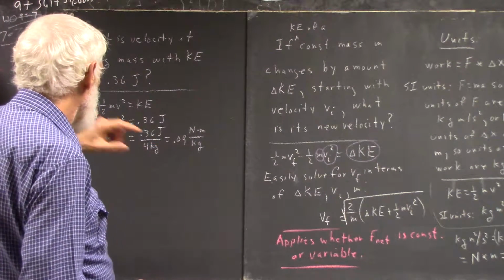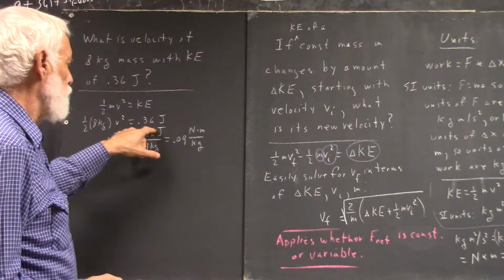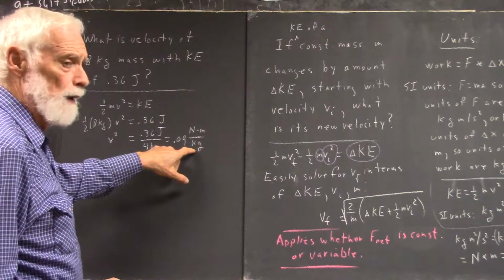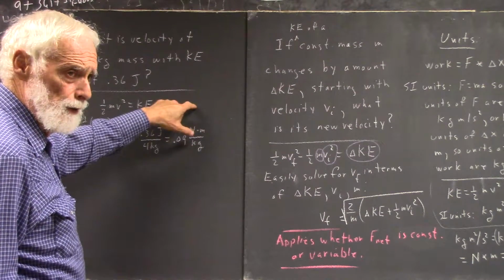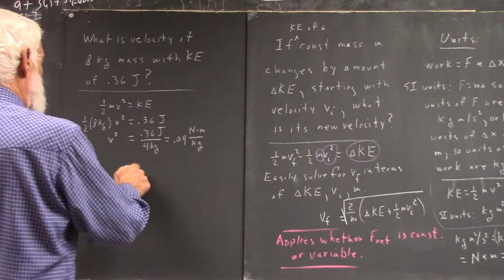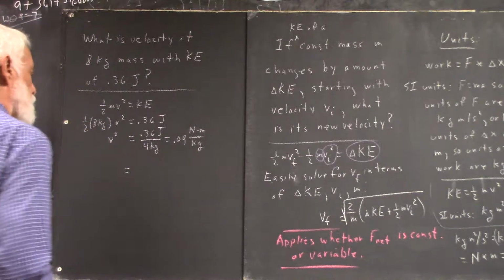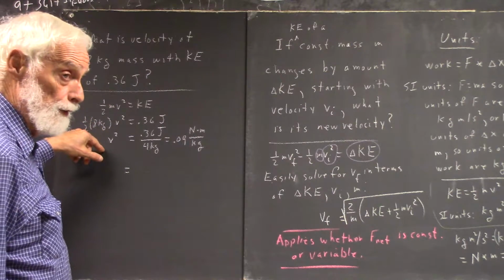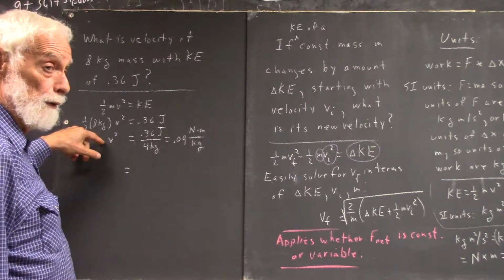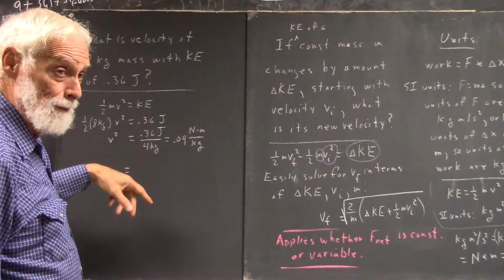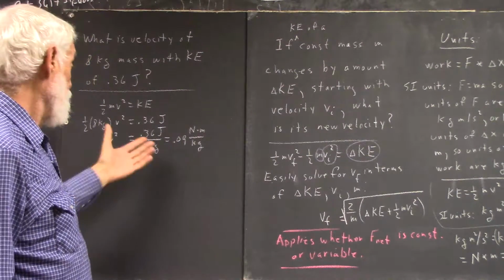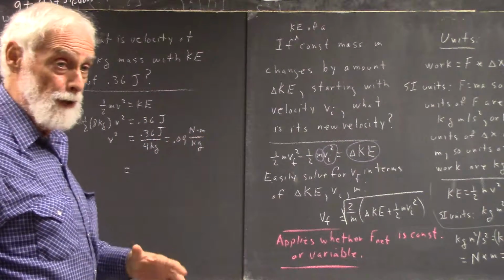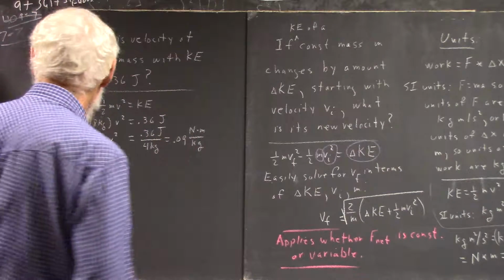The joule is a newton times a meter. It doesn't help us to divide a kilogram into the numerator. Naturally what we need to get here is meters squared over seconds squared so that when we take the square root we get meters per second, right? And we don't just assume that our units are right. We write out the units and we analyze them.